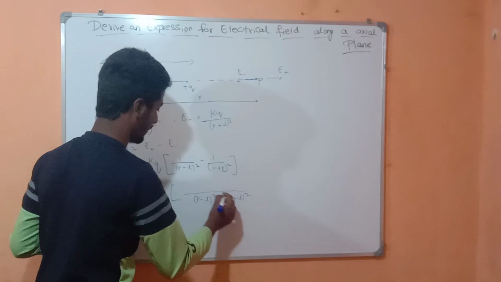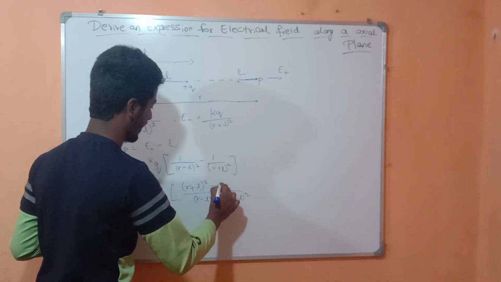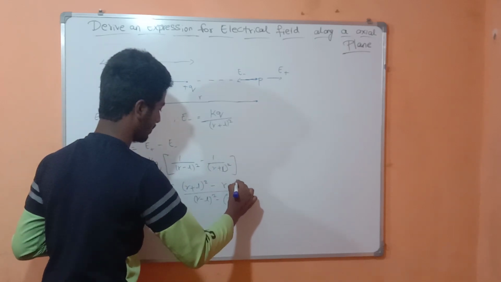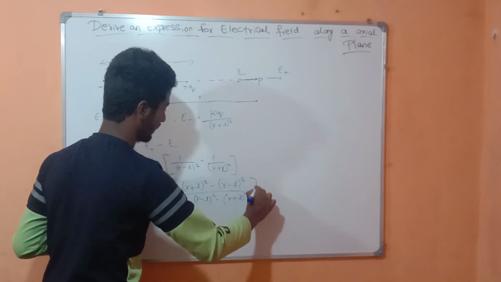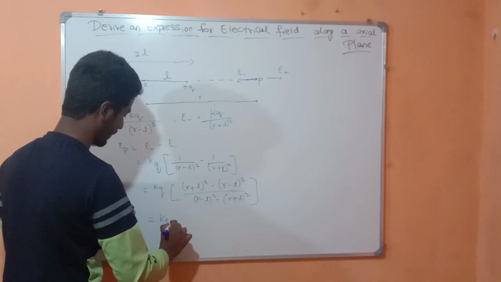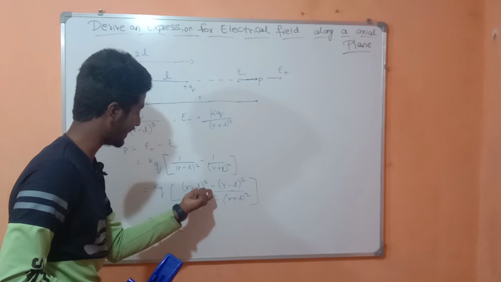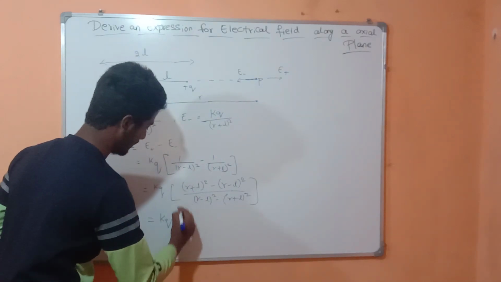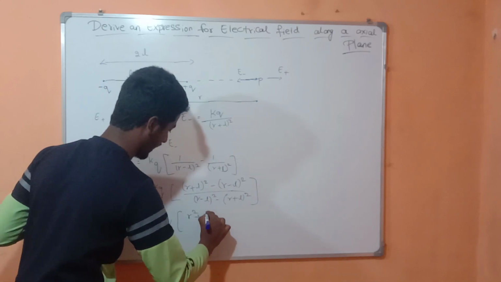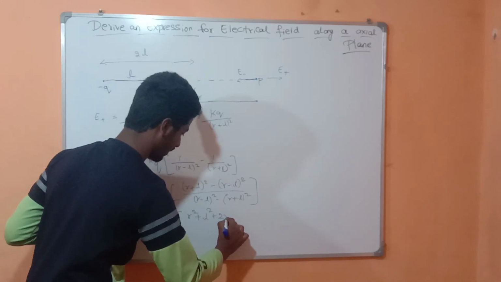Let me cross multiply: (R plus L) whole square minus (R minus L) whole square, children, times K times charge, Q is the charge. What is the form? It is in the form of (A plus B) whole square. A plus B whole square means A square, that is R square, plus B square, that is L square, plus 2RL. 2RL.